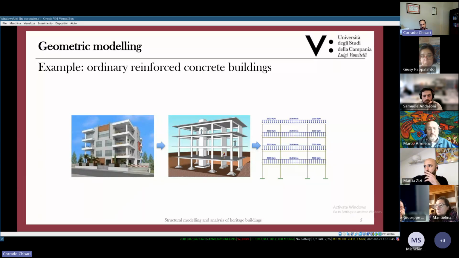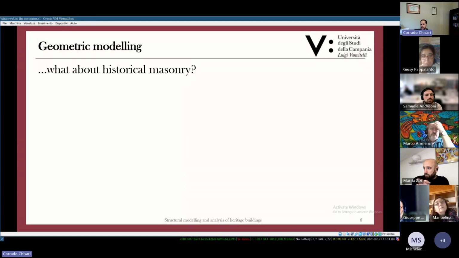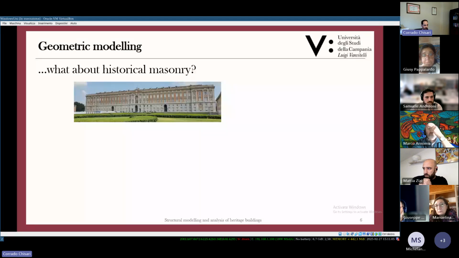While for ordinary buildings this is mostly straightforward and also well accepted in the research and professional community, historical masonry has many more issues that need to be solved.